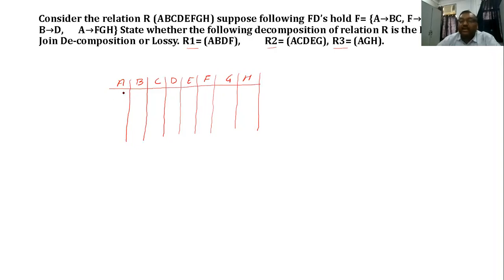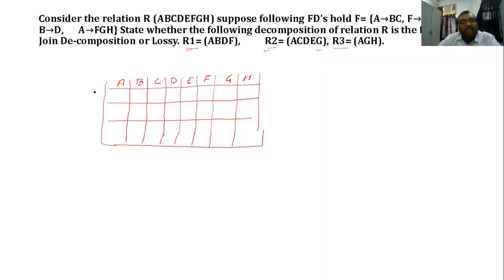How many rows? There are 3 decompositions, R1, R2, and R3, so write R1, R2, and R3 as the rows.